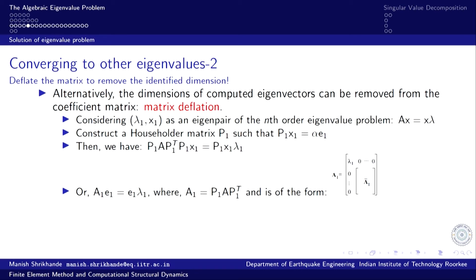If I do the inverse iteration and lambda 1 is the smallest eigenvalue, then inverse iteration will lead to the smallest eigenvalue, which will be smallest for A 1 bar, but larger than lambda 1. So, submatrix A 1 bar is of the order n minus 1 and can be used to determine eigenvalues other than lambda 1.